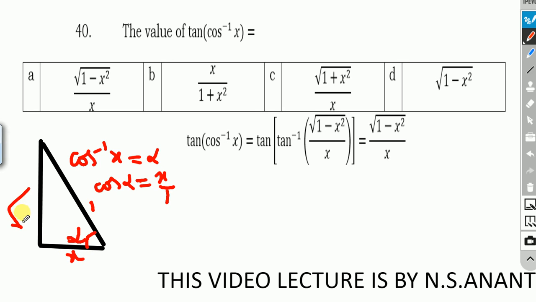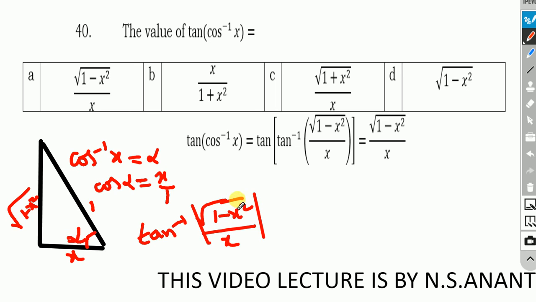So instead of cos inverse x, I can write tan inverse of root of 1 minus x square by x here. But tan of tan inverse x is x, therefore it is root of 1 minus x square by x. Therefore answer is root of 1 minus x square by x, which is in option A.